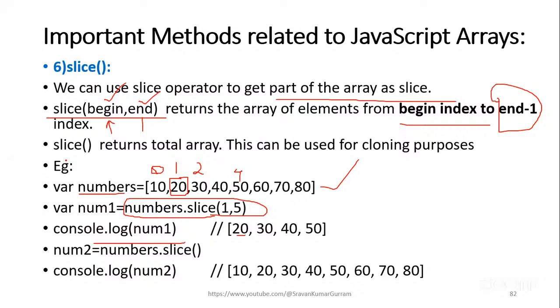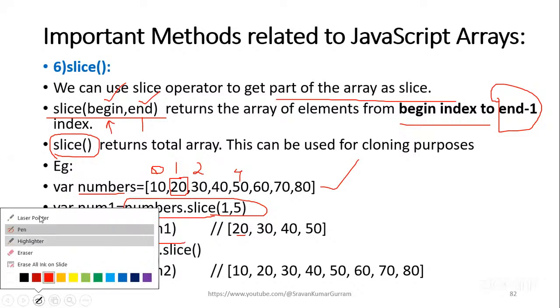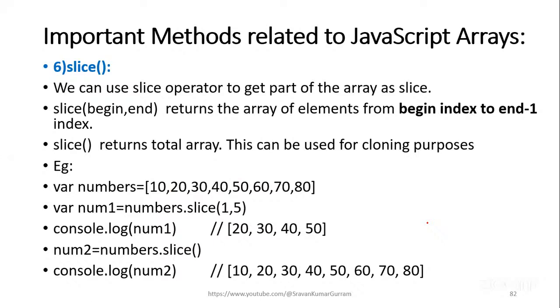The next use case of slice is if you are not passing the begin and end values. If you are not passing any begin and end values, it is used to return the total array. For example, in this statement we are using numbers dot slice, but we are not passing any argument values like the starting index and end minus 1.